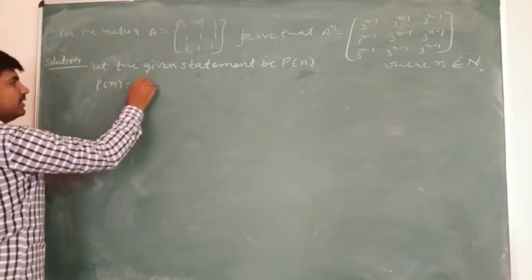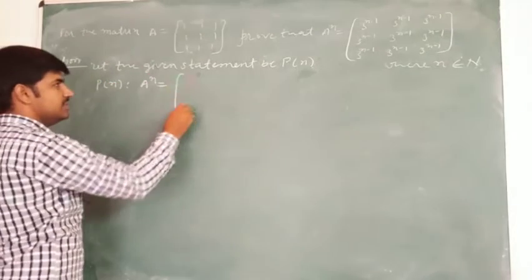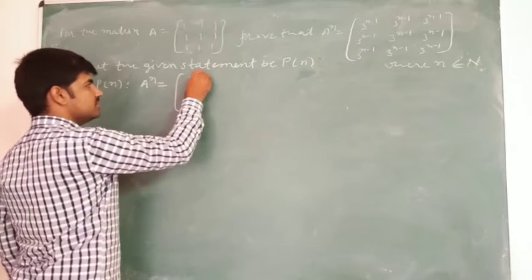Here we have Pn: A raised to the power n is equal to the matrix with all elements 3 raised to the power n minus 1.